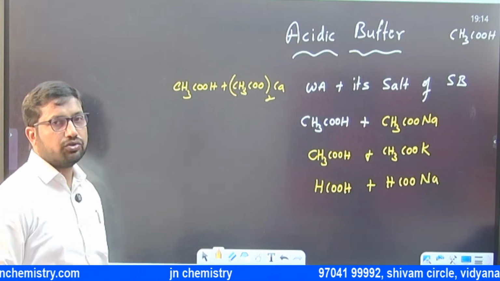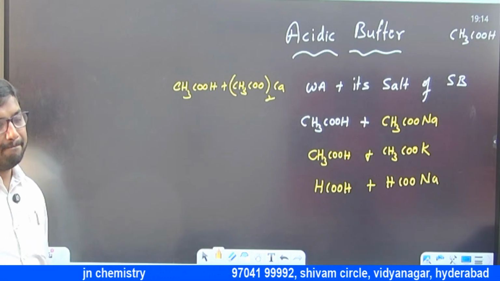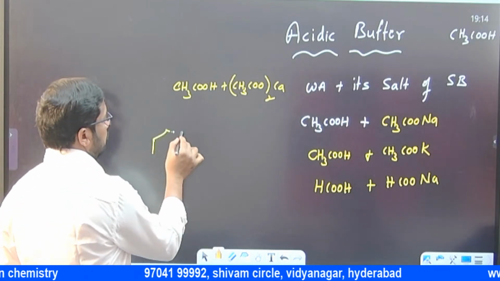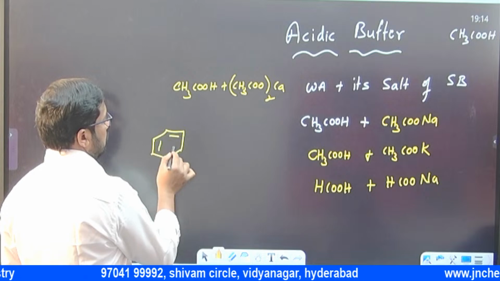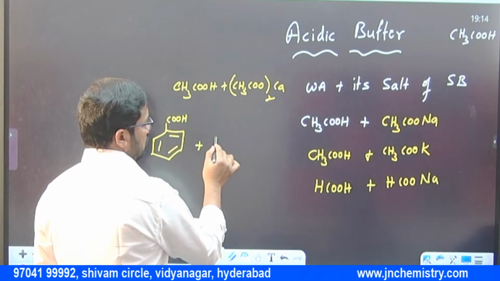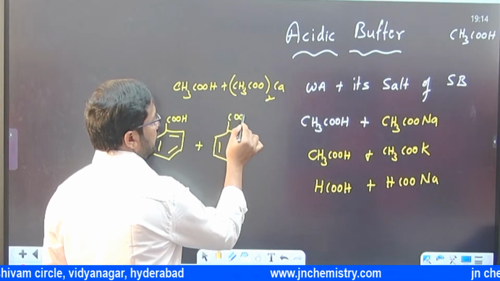Benzoic acid is weak acid. If they are giving this combination, they're all acidic buffer.